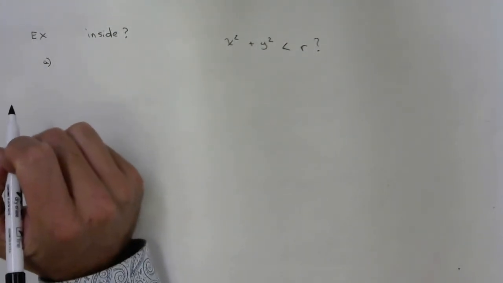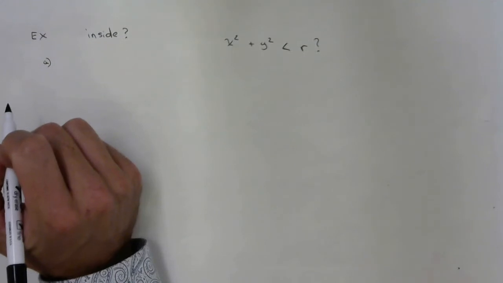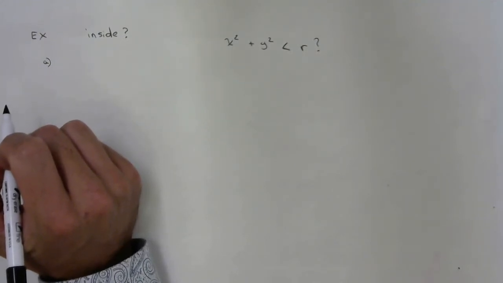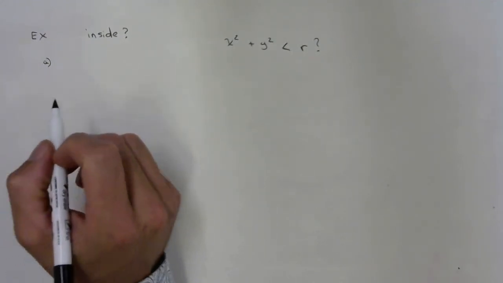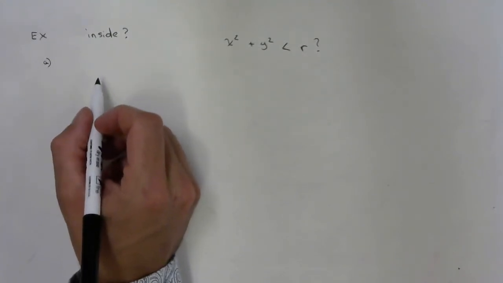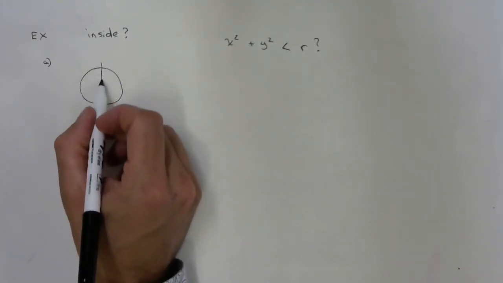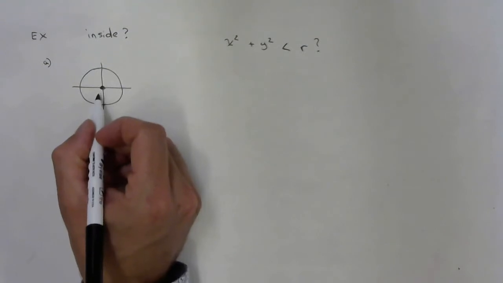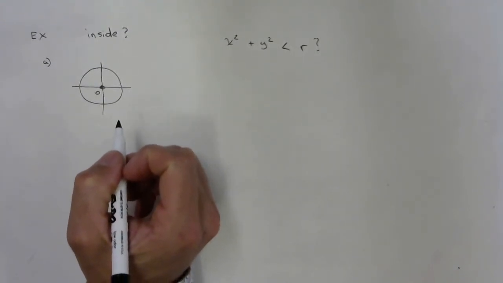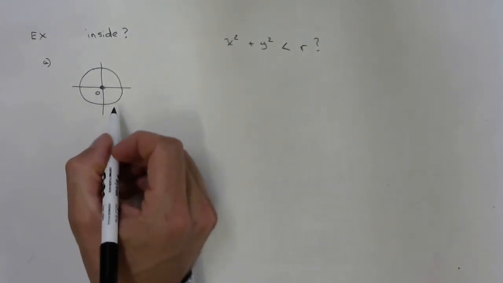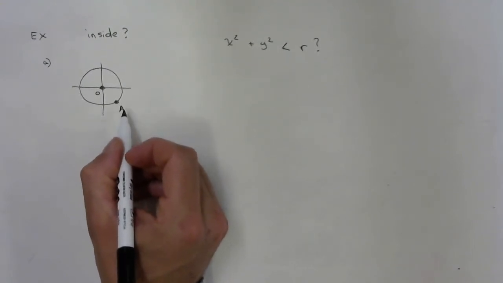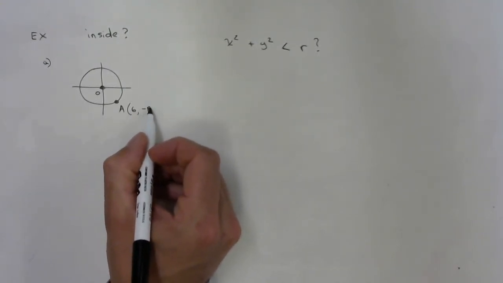Alright, A says determine an equation and the radius for the circle that has its center at the origin. Center at the origin. And it passes through the point A at 6, negative 8. So I'm just going to go ahead and draw that somewhere down here because that's kind of where it would be.